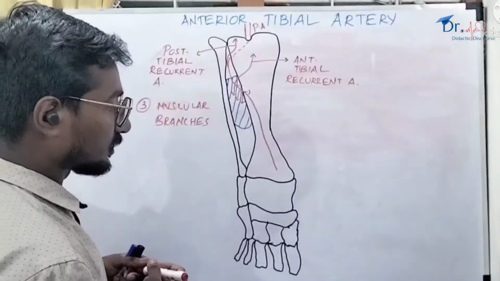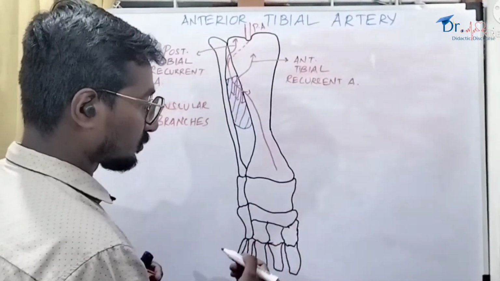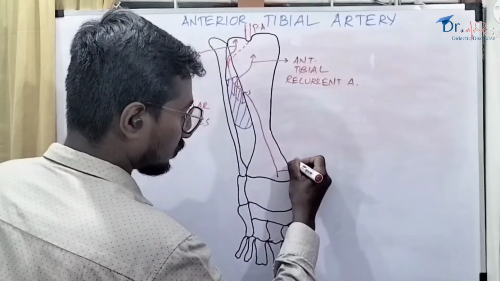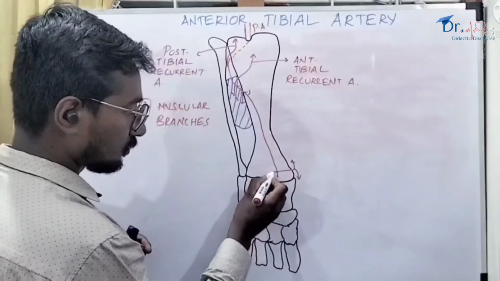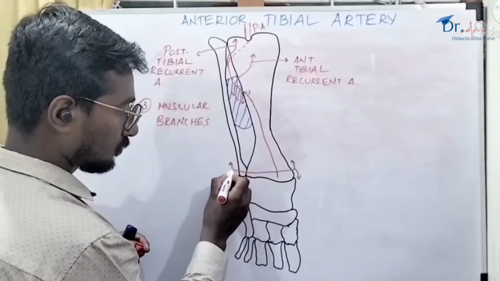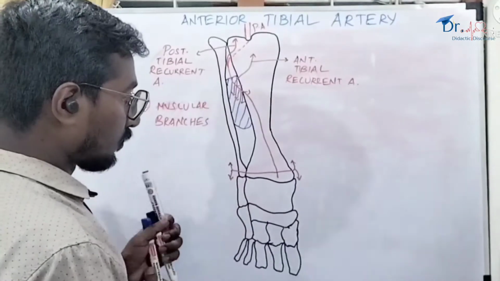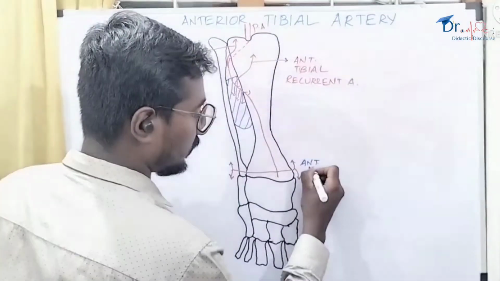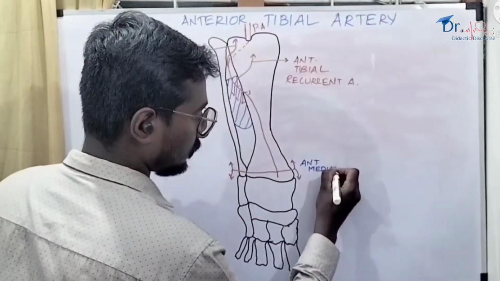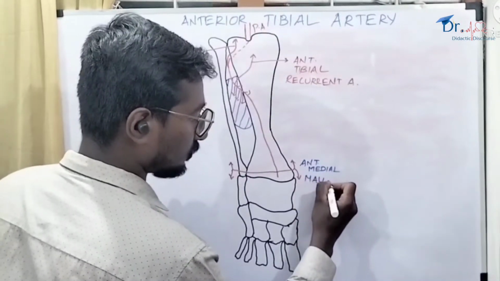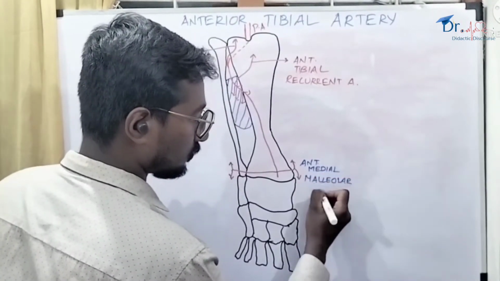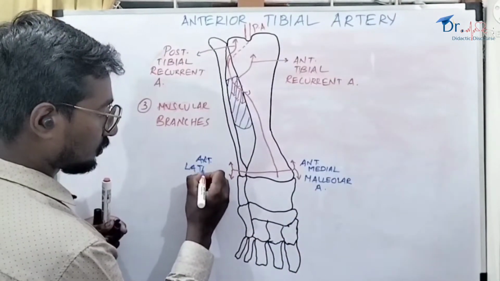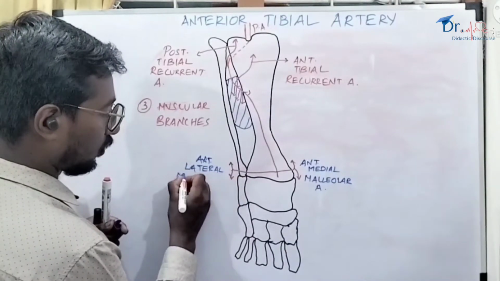The anterior tibial artery, just in front of the lower extremity of the tibia, gives out two branches, which are called the anterior medial malleolar artery and the anterior lateral malleolar artery.